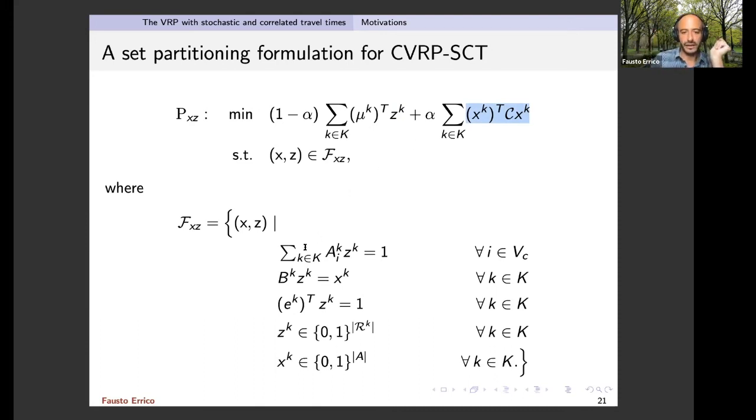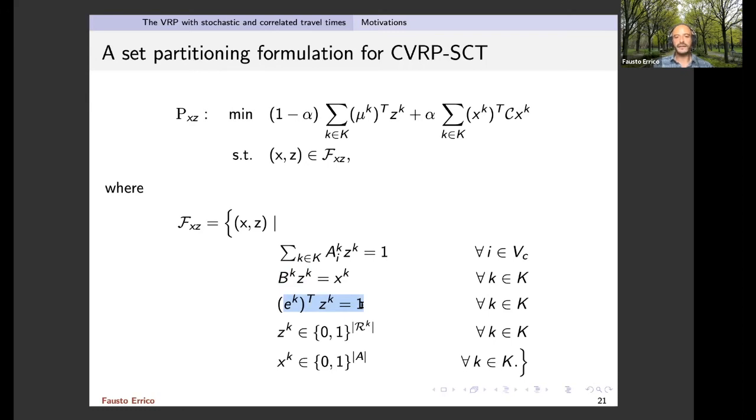In the constraints we have, of course, that each customer needs to be served exactly once. There are the linking constraints, so the arcs and the routes need to be coherent, and each vehicle needs to be assigned exactly one route.